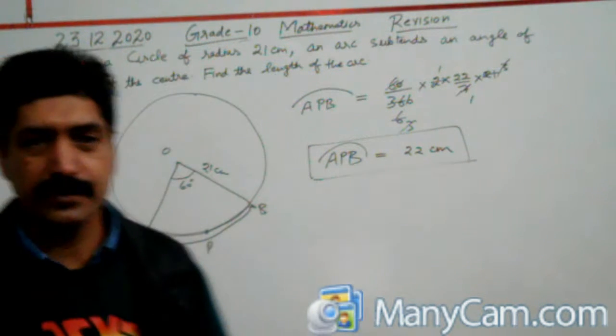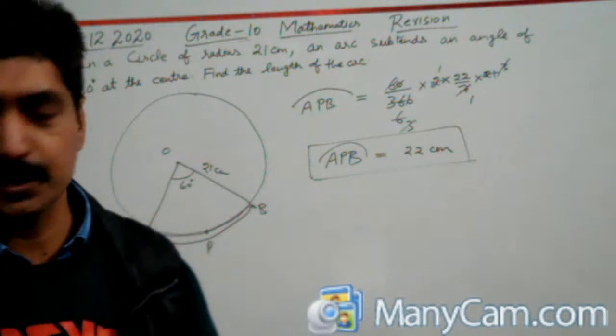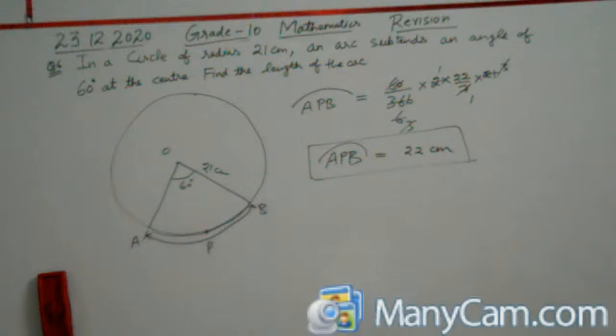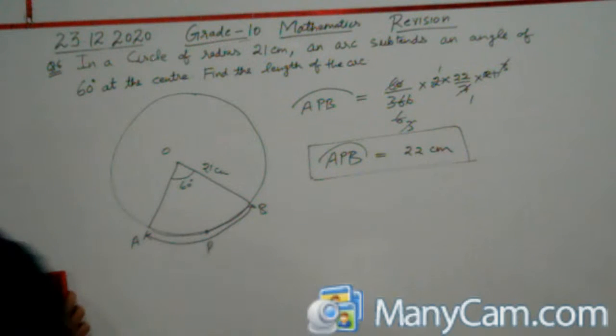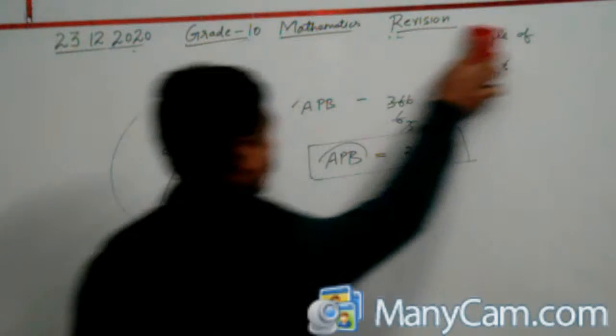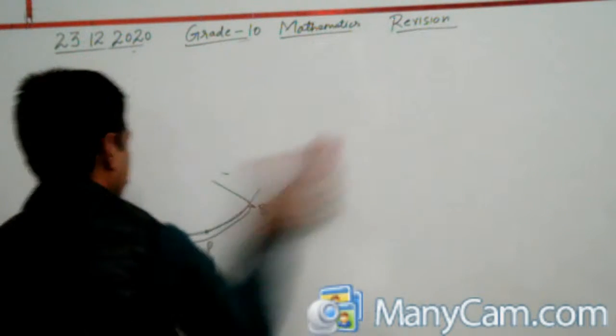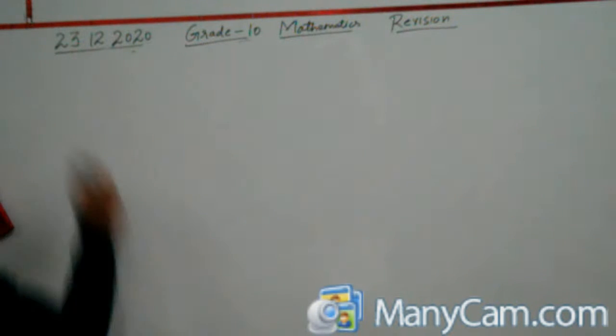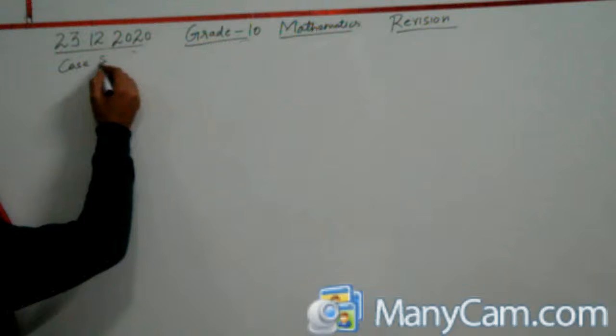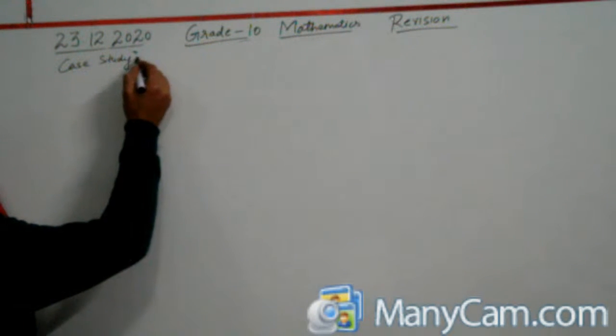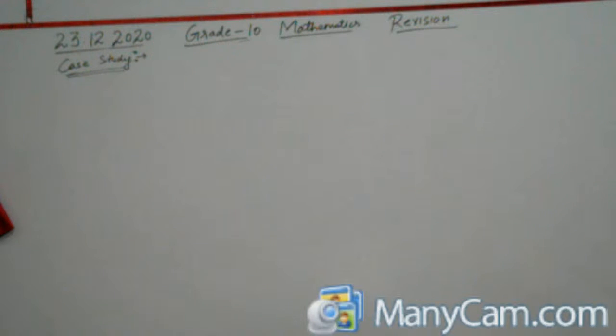Let's take a few questions based on the case studies. In the case study question, we have two tetrahedral dice and a pair of 6-face dice rolled simultaneously.